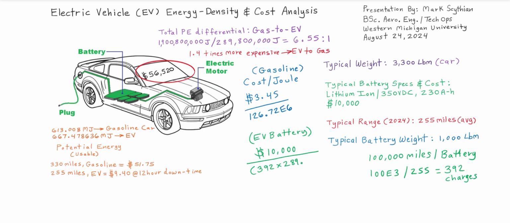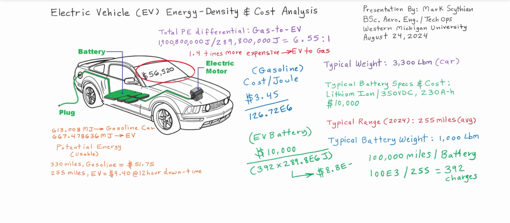So it's 100,000 miles per battery, and that's 100 to the third power divided into 255 miles range. So that's 392 charges times 289.8 megajoules as the dividend, and that's all over 10,000, that's the $10,000 taken over that product.